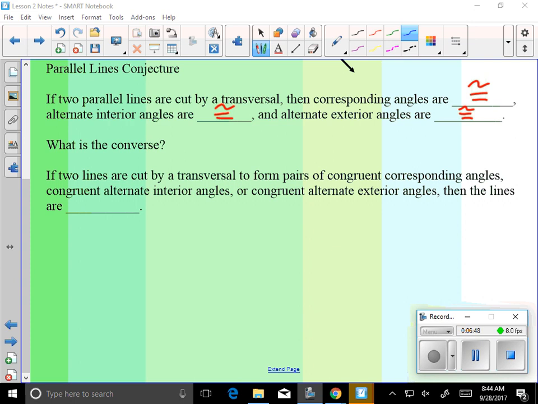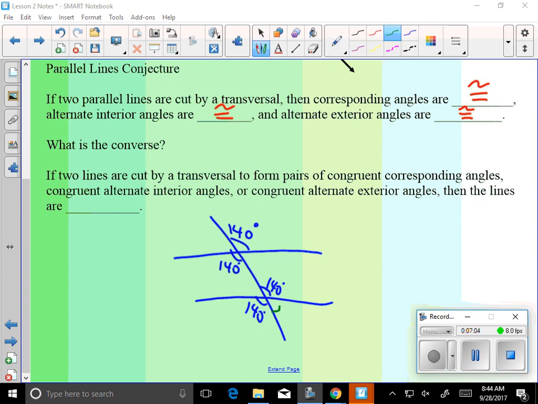Okay, pause for a second. Let's say this is 140. This is 140. This is 140. This is 140 degrees. I'd make this 40. I'd make this 40. I'd make this 40. And I'd make this 40. What would that tell us about line 1 and line 2?